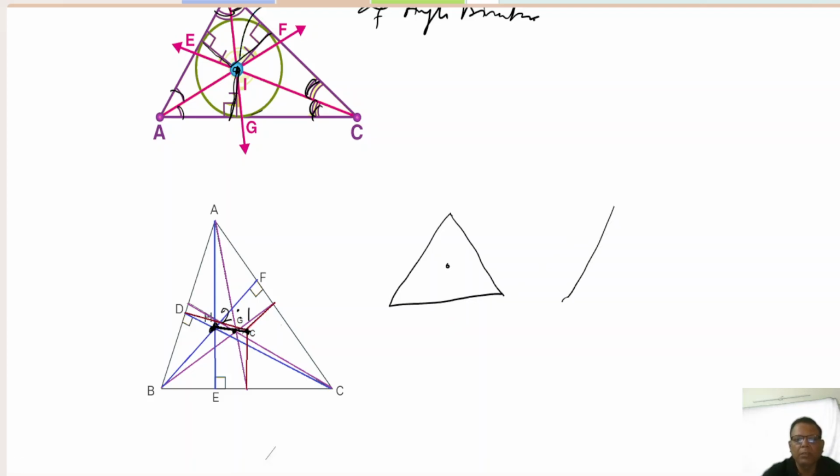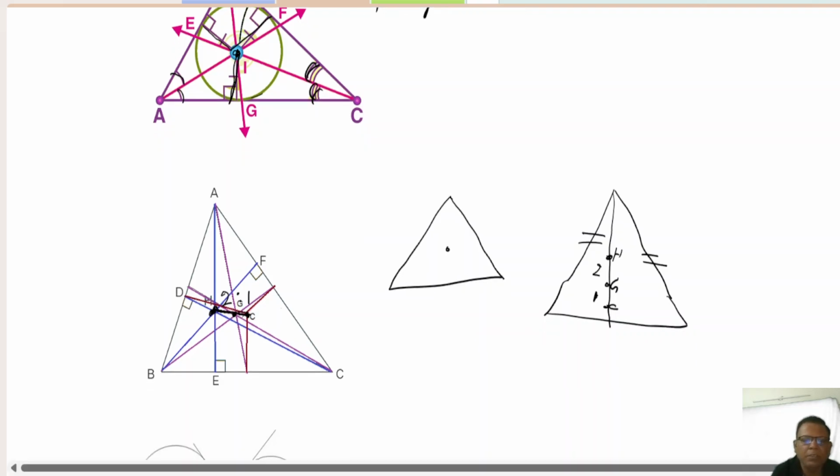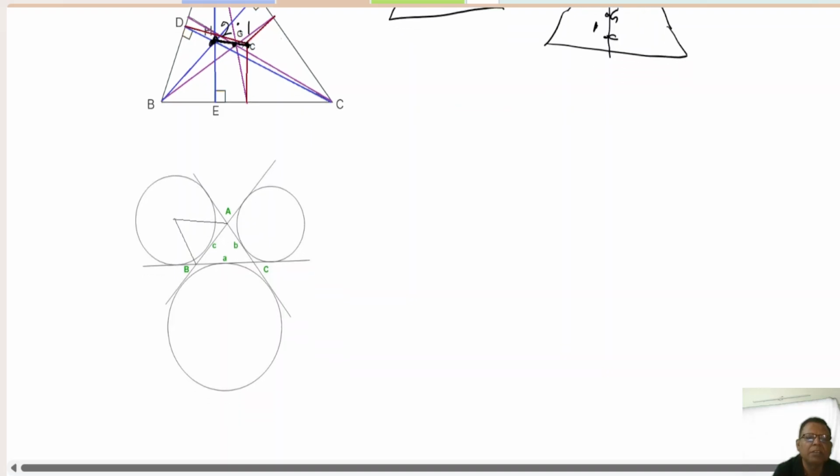And for the isosceles triangle, they will fall on this line, and again it will cut in 2 is to 1 ratio, because these sides are equal.